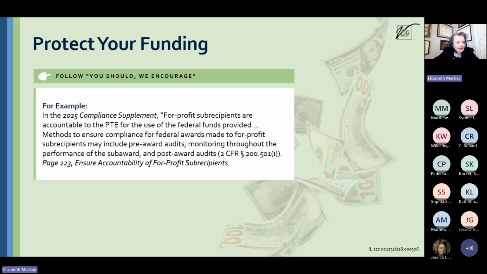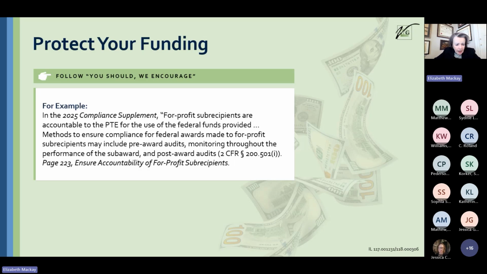And let me read an example here from the compliance supplement for 2025. They say, for-profit subrecipients are accountable to the PTE, the pass-through entity, for the use of the federal funds provided. So they're addressing specifically for-profit subrecipients because for-profit subrecipients usually don't have a lot of experience with federal grants or federal awards.